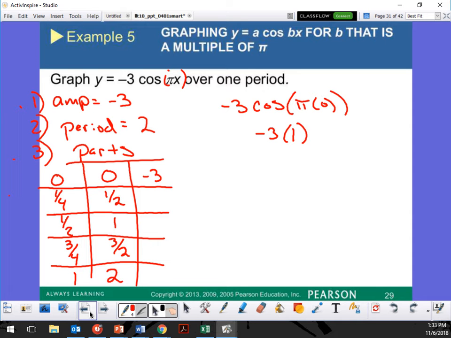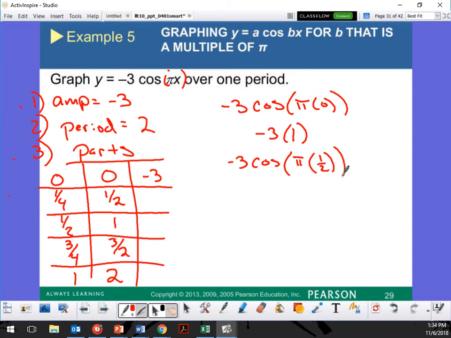Okay, let's keep going. Hey, you guys, attention up here. All right, so next one, we're going to do a half. So it's going to be -3 cosine of pi times 1/2.